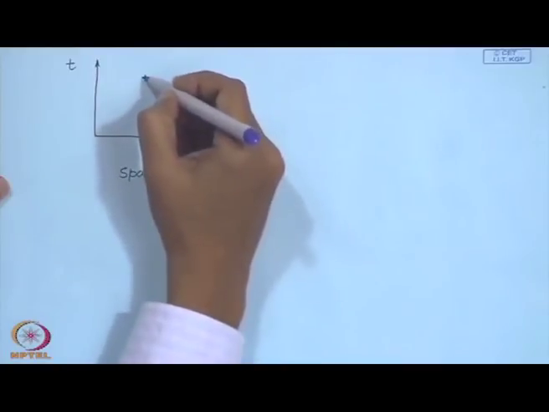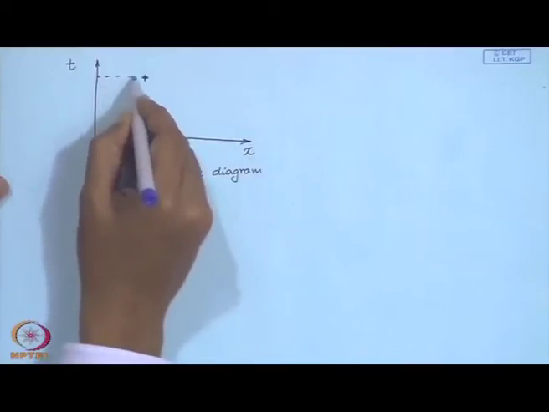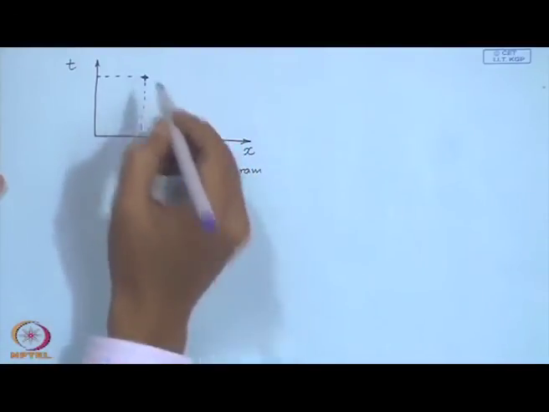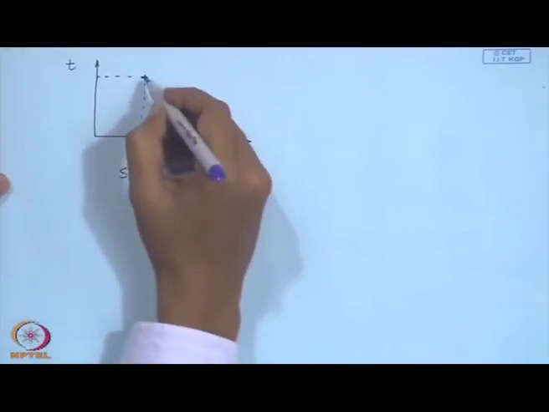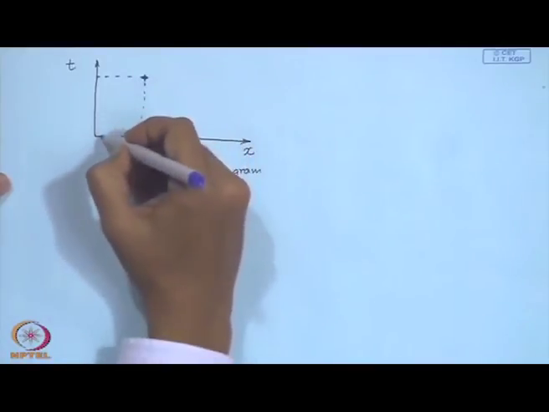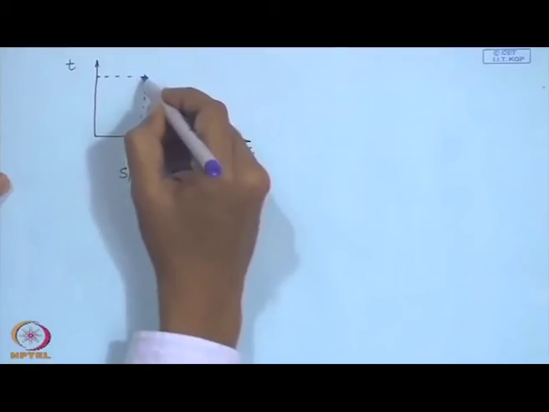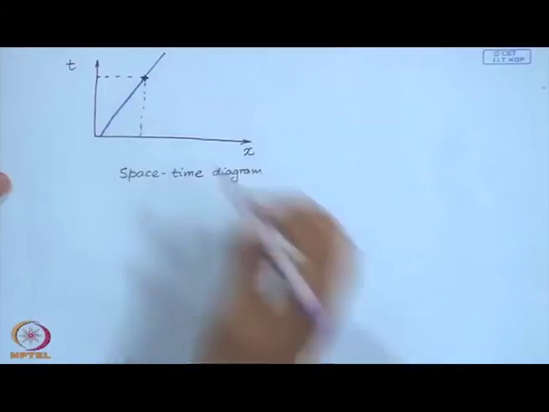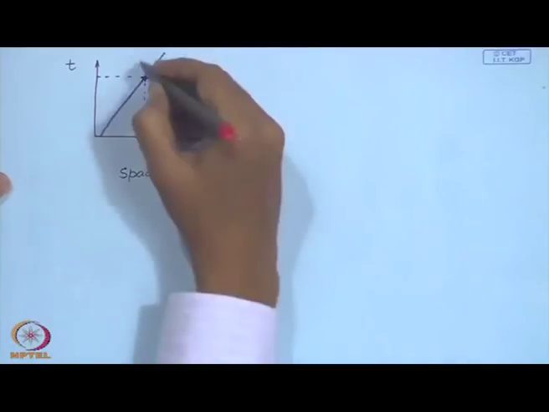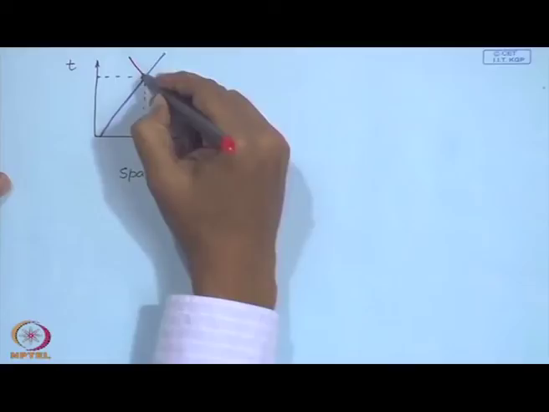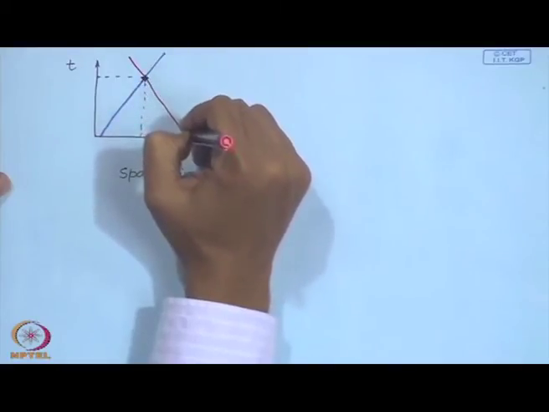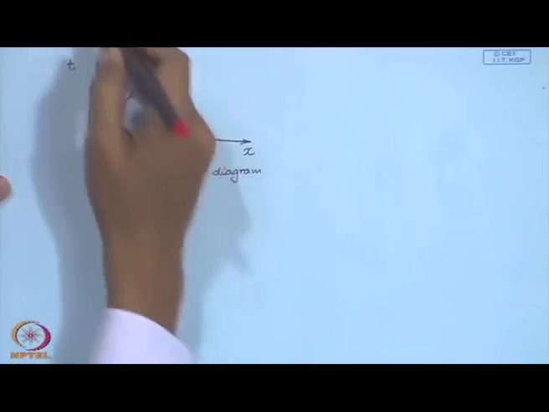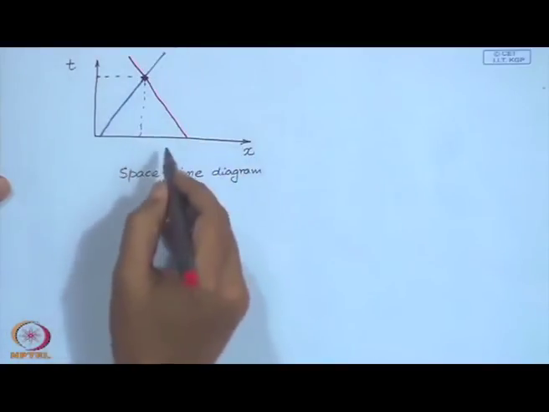See, this point is at a certain t and at a certain space location. So, this is known as an event. So, the solution here will depend upon these two characteristics, one of the negative travelling wave, the other of the positive travelling wave.